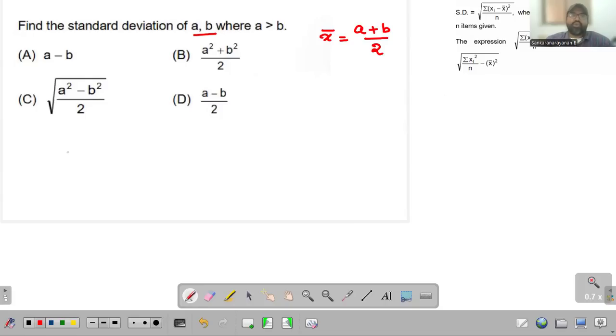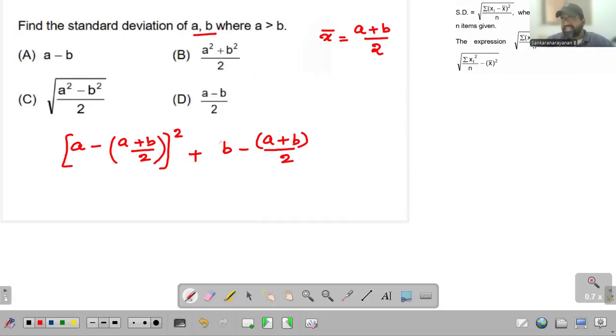You first find A minus (A plus B) divided by 2, the deviation, and then take the square of this value, plus B minus (A plus B) divided by 2. How much B deviates from the arithmetic mean, you take the square of that.